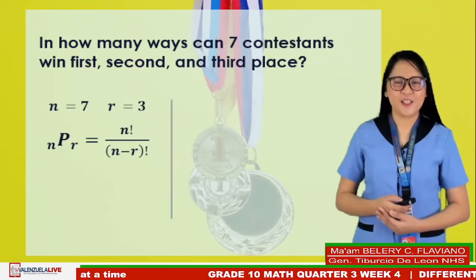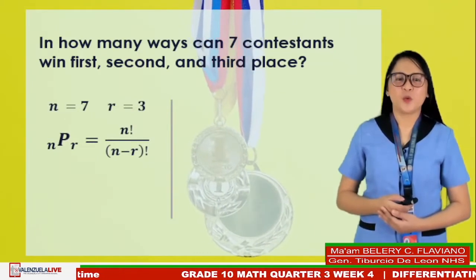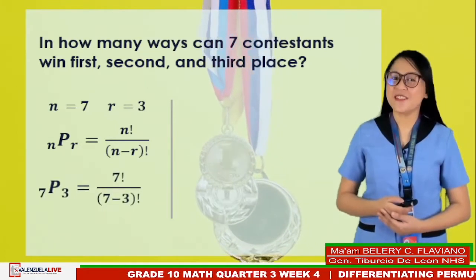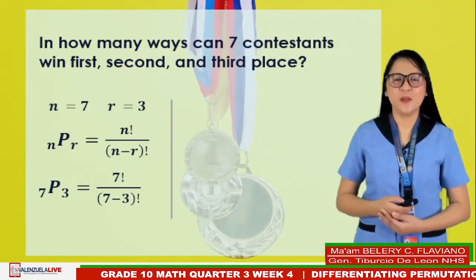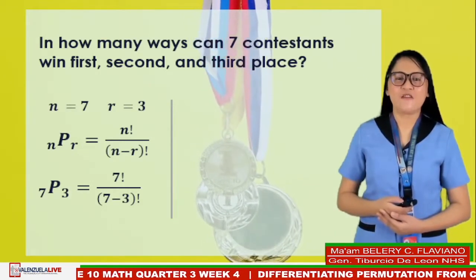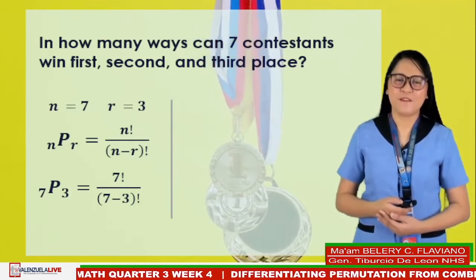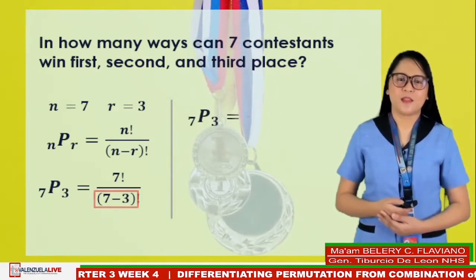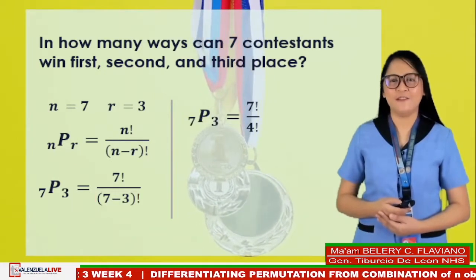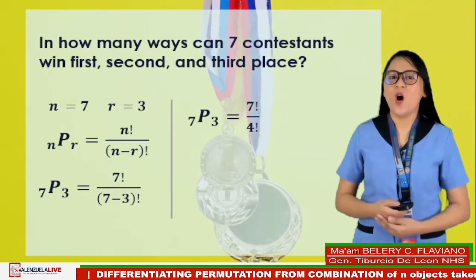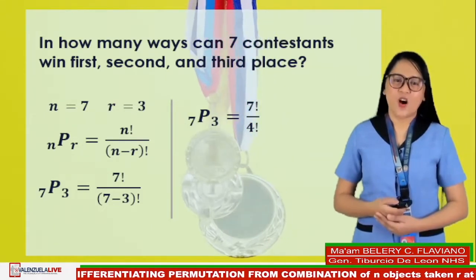Substitute the value of n and r to the formula. We will have permutation of 7 taken 3. That is equal to 7 factorial over 7 minus 3 factorial. Simplify the grouping symbol. That is 7 minus 3. It is equal to 4, so we will have 7 taken 3 equals 7 factorial over 4 factorial. Of course, we will expand our equation.